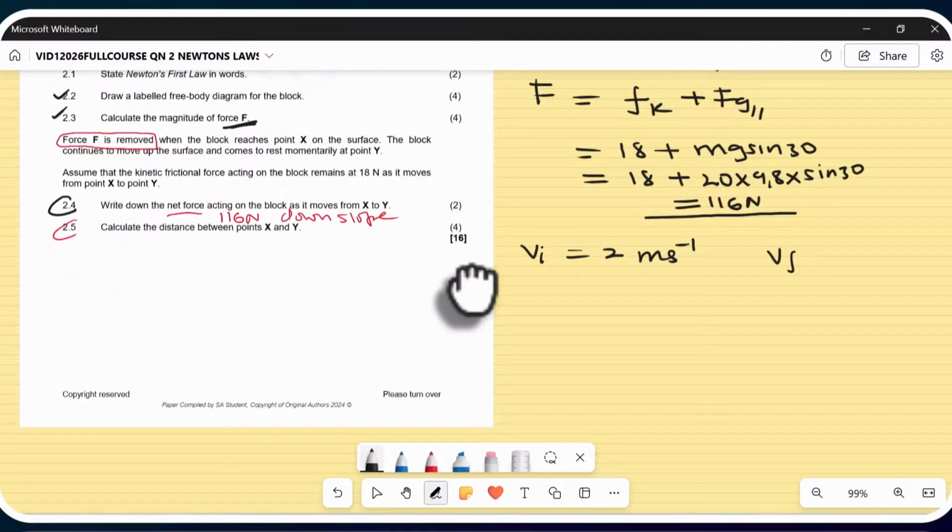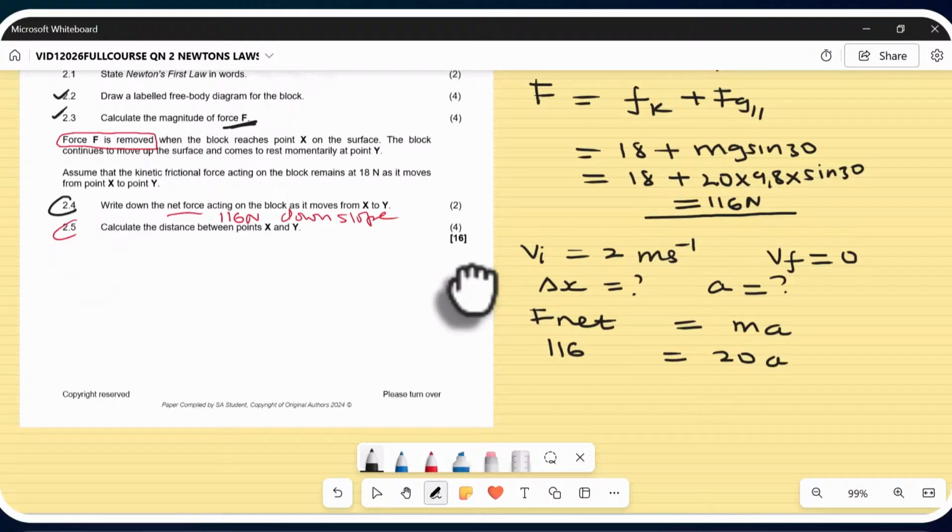To get this acceleration so that we can find the distance, we can use F net equals ma. Our net force we said is 116, the mass we said is 20, so divided by 20. Don't forget we said it's negative, so negative here, divided by 20. So our acceleration is going to be negative what? Calculators.